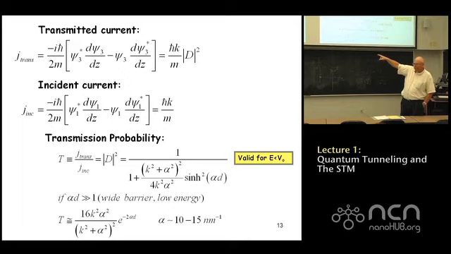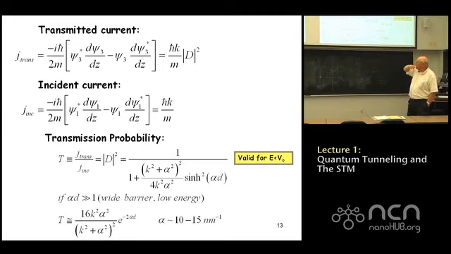Classically, the transmission probability would be 0 if the energy of the electron state is lower than the height of the barrier, V0. But quantum mechanically, you have a probability that the electron will tunnel right through the barrier. The detailed form of that probability is given in this formula.